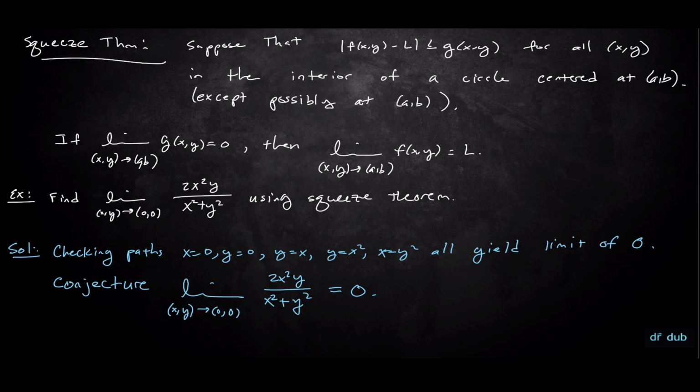Well, that means we need to show that the definition of a limit holds for this function. First thing we do is we let epsilon be greater than 0, some arbitrary positive number. And we want to find delta greater than 0 such that if, let's see, what is the condition?